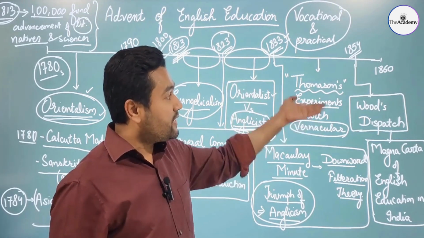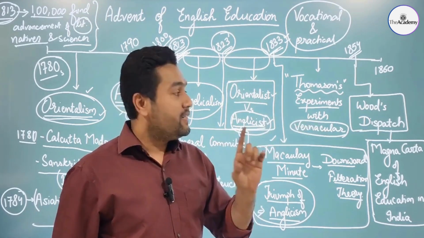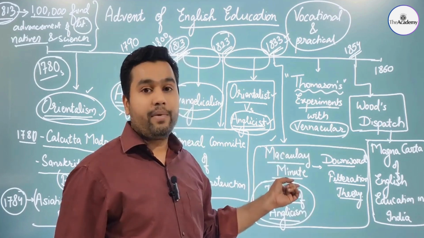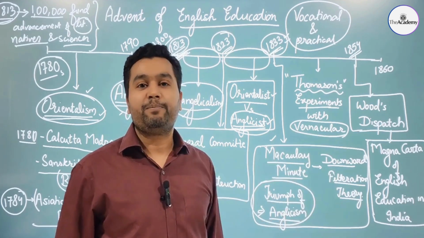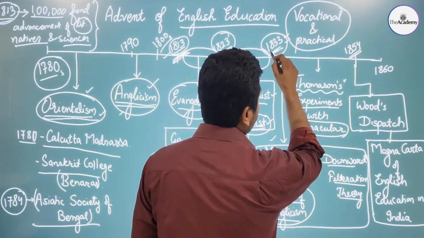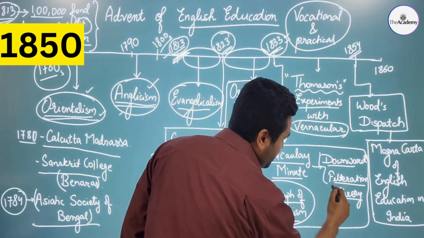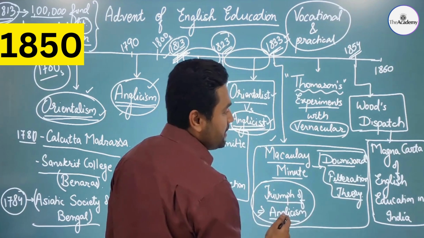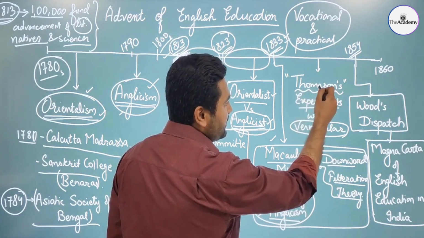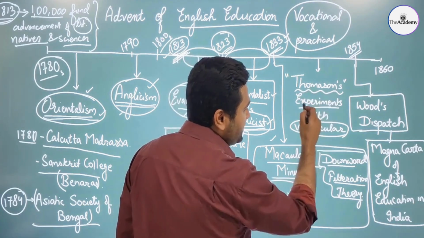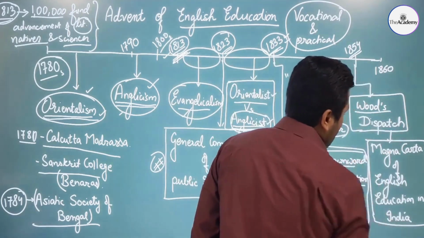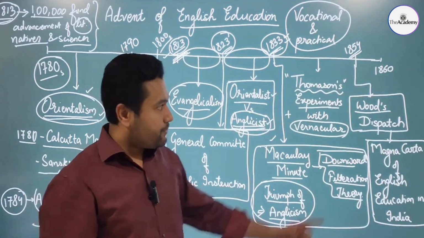So much was the success that Lord Dalhousie decided to include vernacular language within the framework of Lord Macaulay's downward filtration theory. So in the 1850s, the downward filtration theory witnessed a development and addition of Thomason's experiments with vernacular language, which formed the basis of Charles Wood's dispatch in 1854.